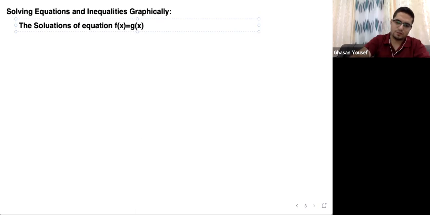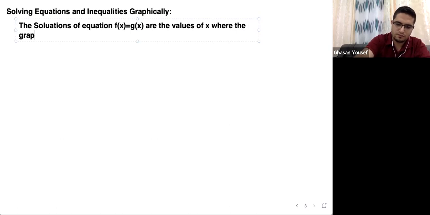are the values of x where the graphs of f and g intersect.